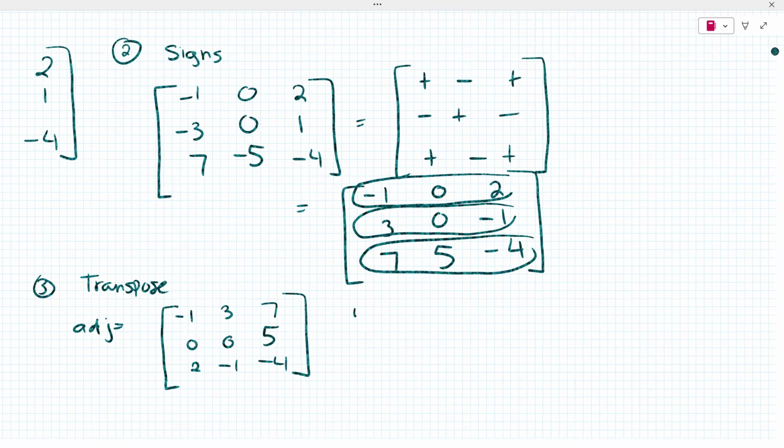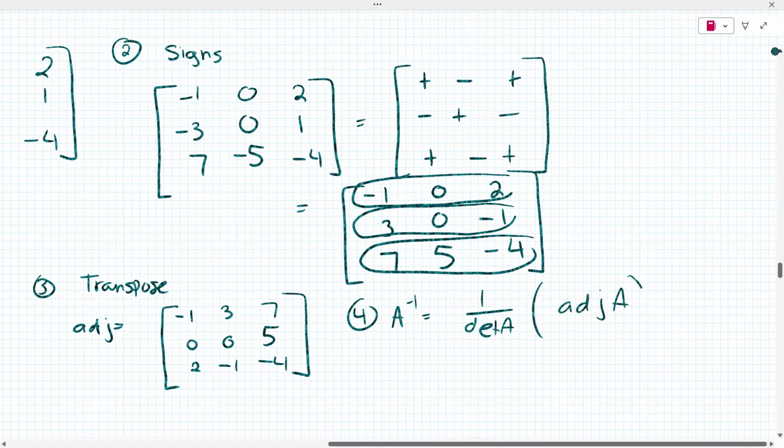So step 4, to find the inverse, basically 1 over determinant of A times the adjugate of A. So I think we have the adjugate. I just don't think we have the determinant, right?